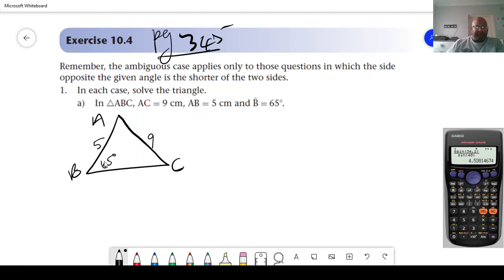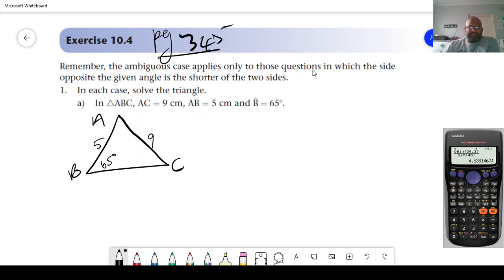I was actually hoping to do a sum with you where the ambiguous case is applied.